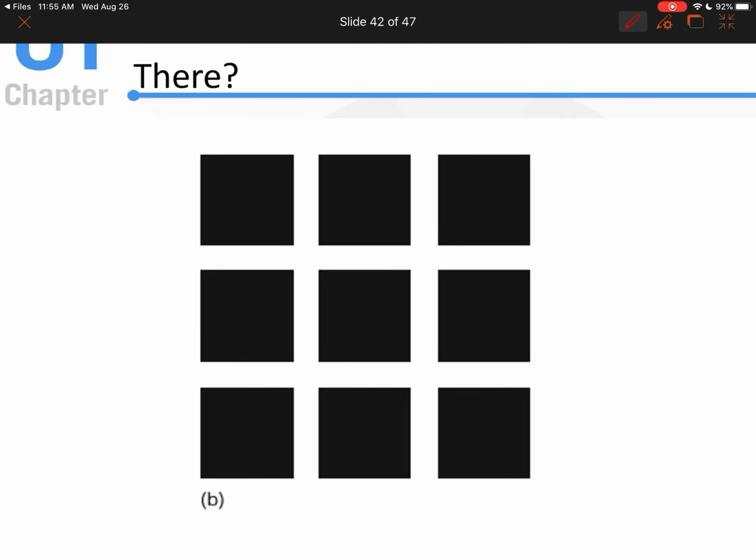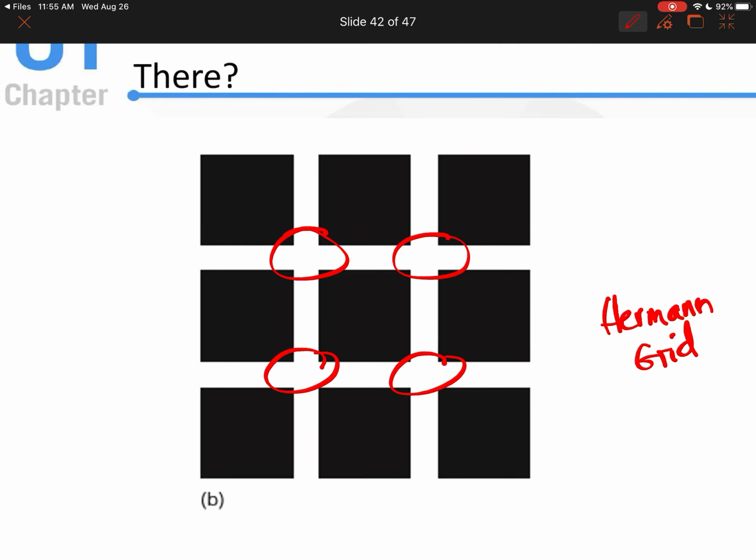Again, let's take a look at this image. What is it that you see? This is called the Hermann grid. What do you see when you look at this? Do you see dark spots at the intersections of the white corridors?